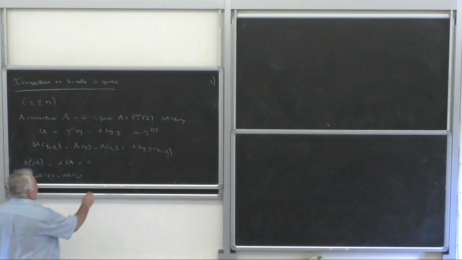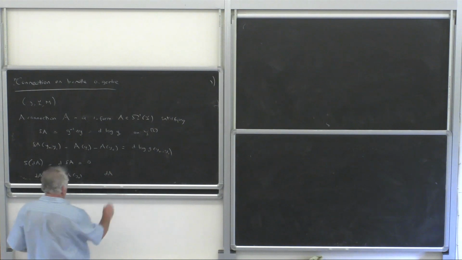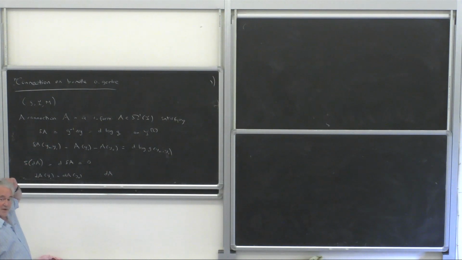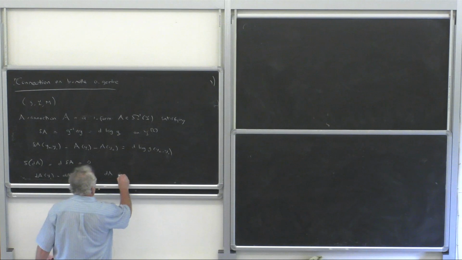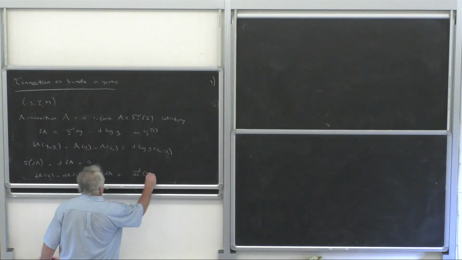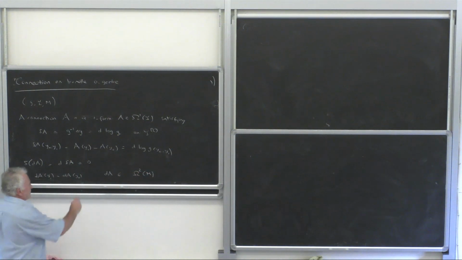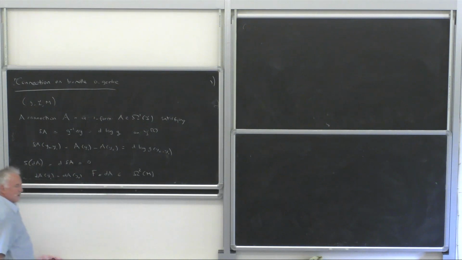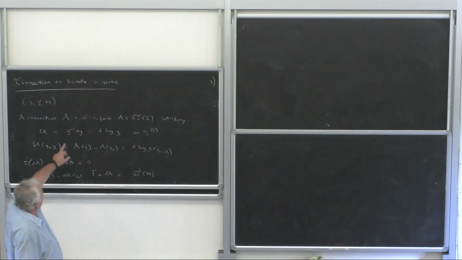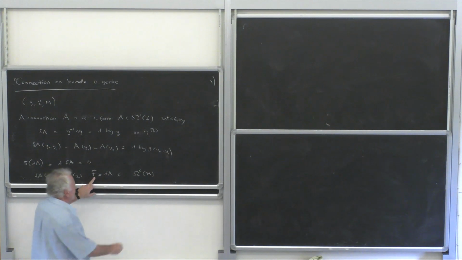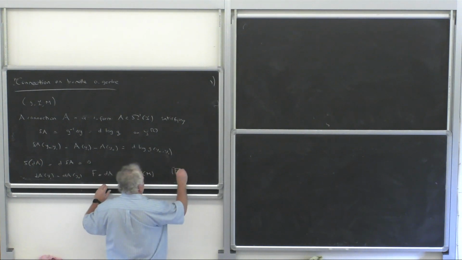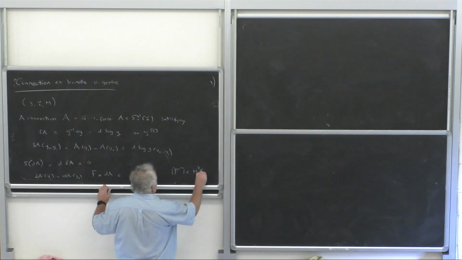So that means that the d of A is something which is globally defined on M. So the d of A is actually a 2 form on M, which of course we identify with the curvature. So the curvature is closed. Having a connection on a bundle 0 gerbe gives you an element F, a class in H2(M).